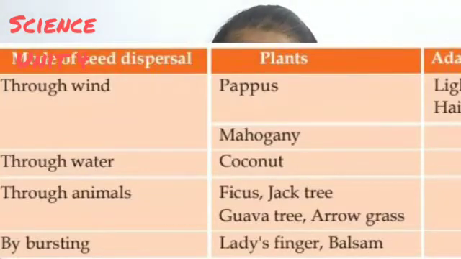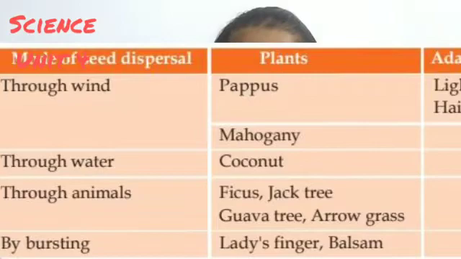Next, animals. Ficus, jack tree, guava tree, arrow grass. You know what they do? As I told you, the fleshy fruit is eaten by the birds and they throw the seeds after eating it. And some of the seeds like arrow grass have hooks which will stick onto the clothes of human beings or the animals, and when they move to faraway places, the seeds also get dispersed along with them. Now next one is by bursting.